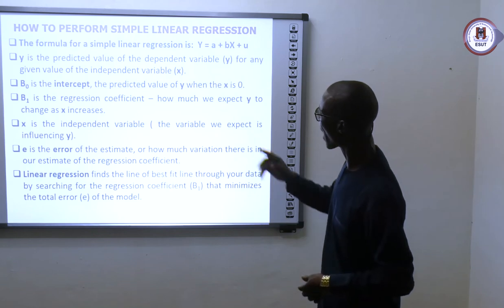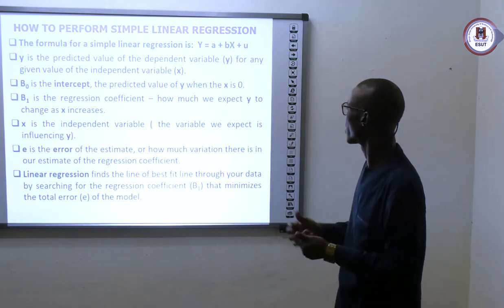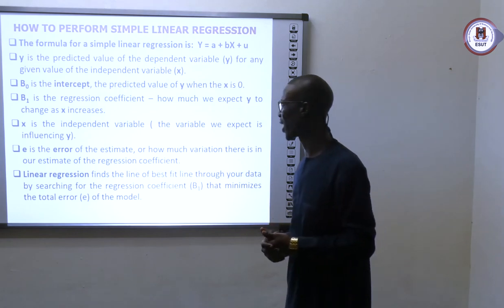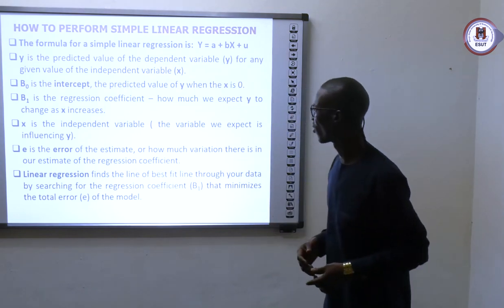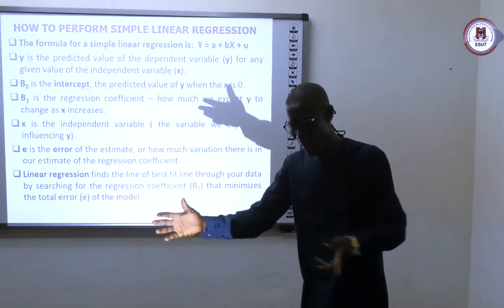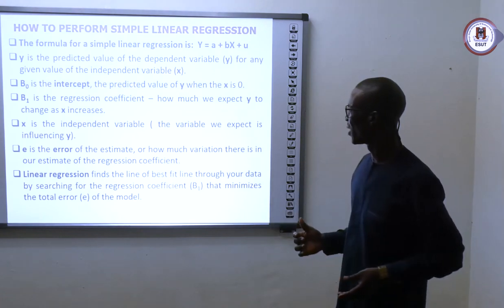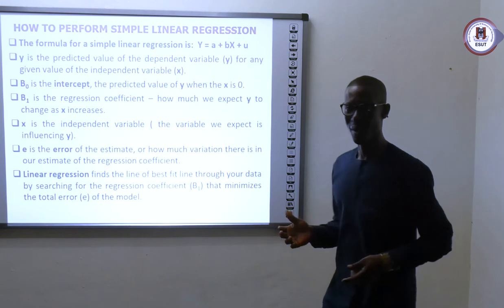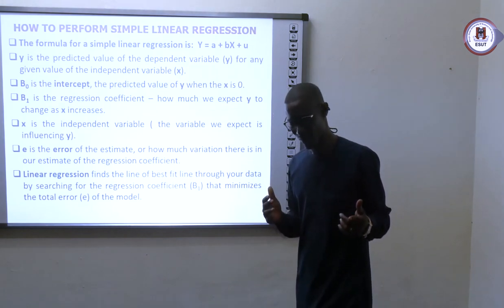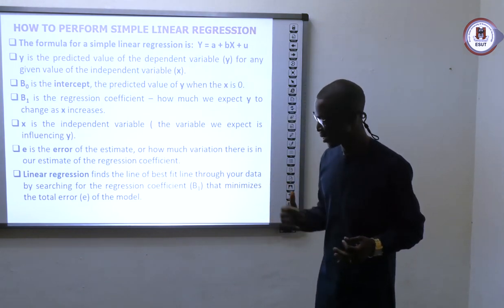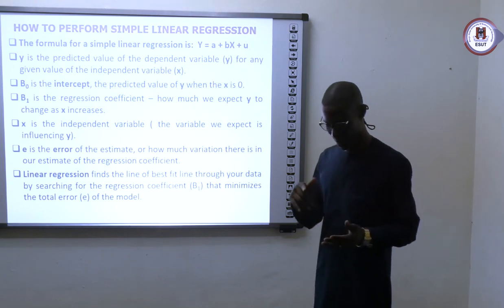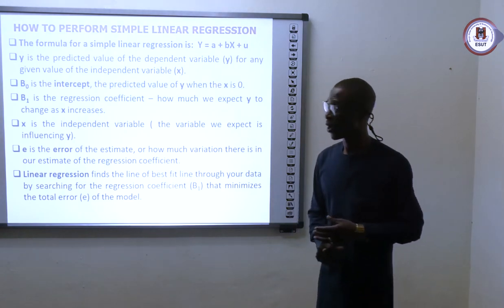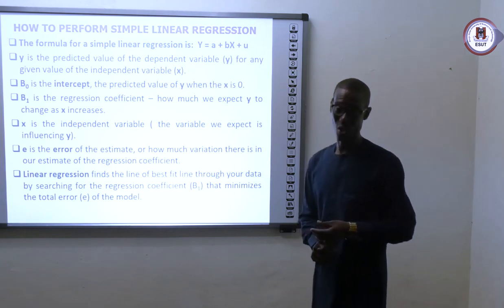The next one is how to perform simple linear regression analysis. In performing simple regression analysis, the first step is for you to formulate the model, specify the model. Here, we take a precaution. In specifying a model, you have to specify a model that will be fit for estimating the analysis. Sometimes you overestimate a model, what we call over-parameterization of a model.